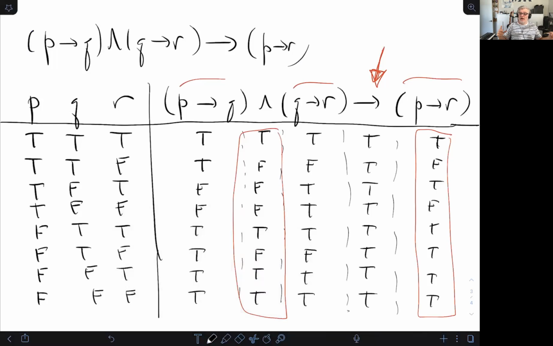By the way, I don't know how silly this is going to sound. If all of you find this silly, that's fantastic. Suppose that you're asked to prove something is a tautology, and you don't get a whole bunch of truths here. You have two possibilities at that point. You can either say, this is not a tautology, or you can say, I made a mistake, I'm going to recompute.